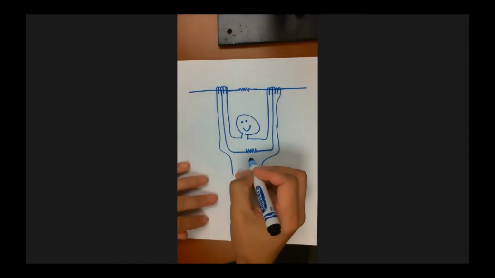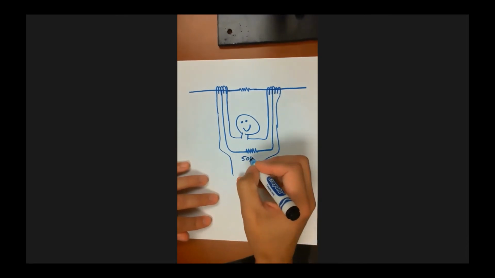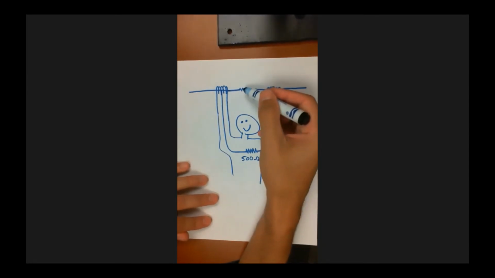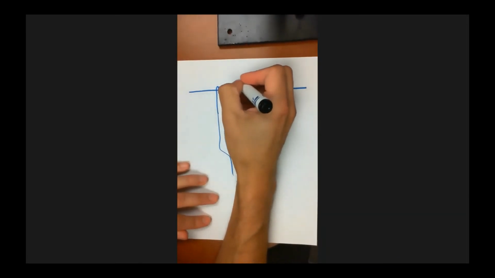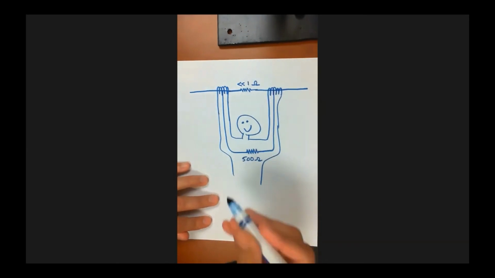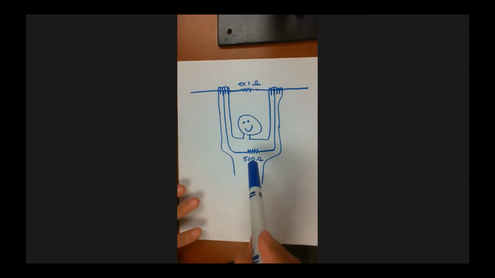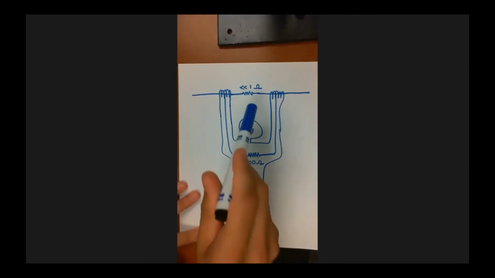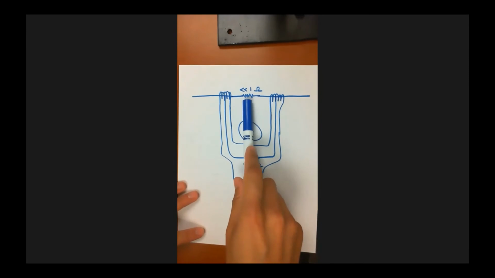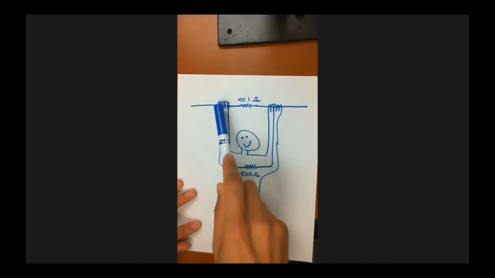And we said in the first class session that a worst case scenario might be around 500 ohms for a human body, whereas this is probably a big fat transmission line, so it has very low resistance, much less than 1 ohm. It's not zero, but it's much less than 1 ohm. So if my body has a resistance of 500 ohms, and this piece of transmission line between my hands has a resistance of much, much less than 1 ohm, then we can think about how much current is going to go through here as compared to here.